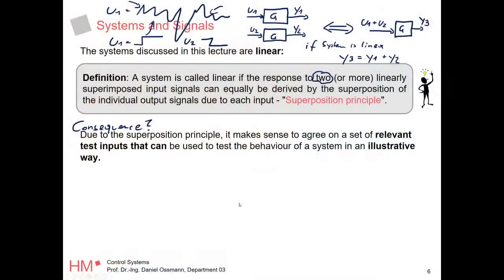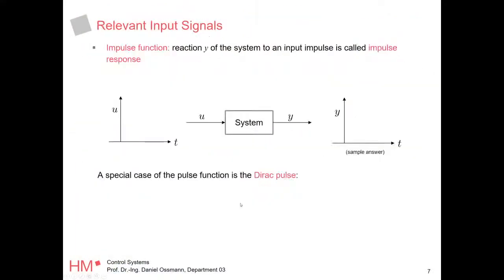Okay, that's the simple consequence. I don't need to show you a lot of signals, I'm going to show you 4, and that's it. And we're always going to use these 4 signals throughout the lecture. Bottom line.